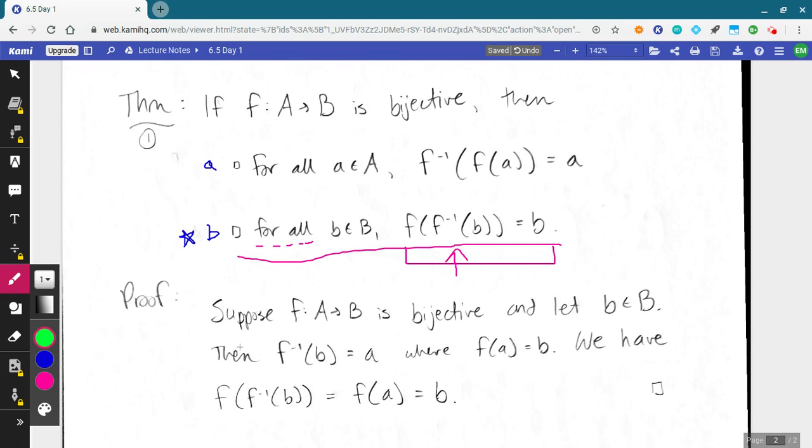All right, so to do that, if we plug b into our f inverse, we'll get some element of A, where f of a equals b. Right, this is just using the definition of our inverse function, that f inverse of b equals a, where f of a equals b.